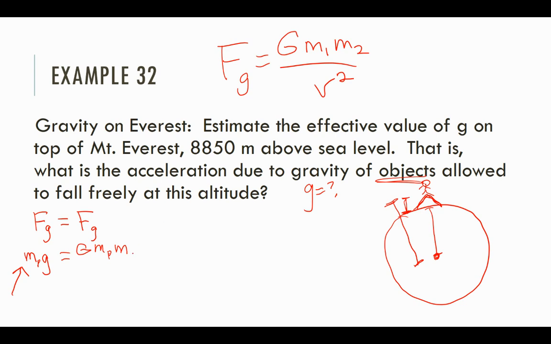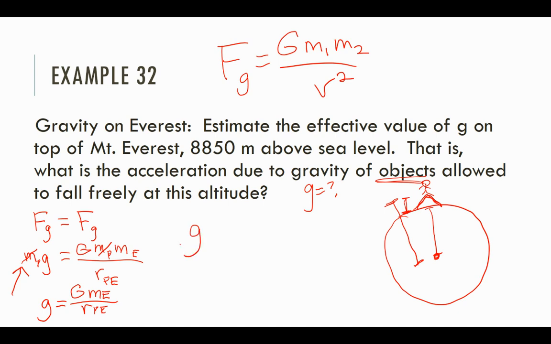Well, it's the earth. That's the other object that the forces are existing between. And then we have the radius between the person and the earth. So the reason why I'm showing you this is so that you can see the mass of the person on both sides of this equation cancels out. And we're left with the gravitational field strength is equal to big G, mass of the earth, all divided by the radius between the person and the earth.